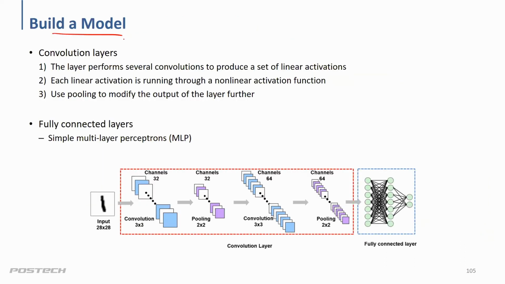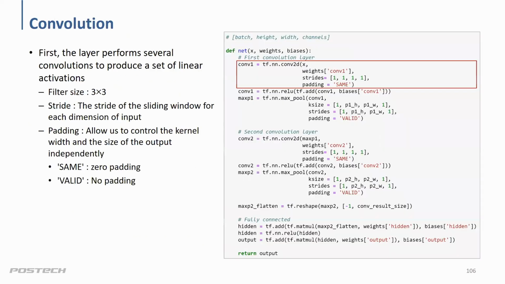So I'm going to build the model. With input, weights and bias, we use tf.nn.conv2d because we're going to do convolutions in 2D. You have x, the weights, and the stride. You guys remember stride, right?